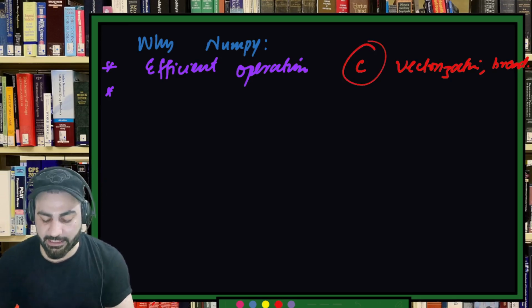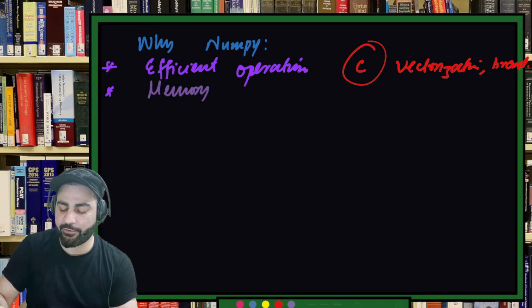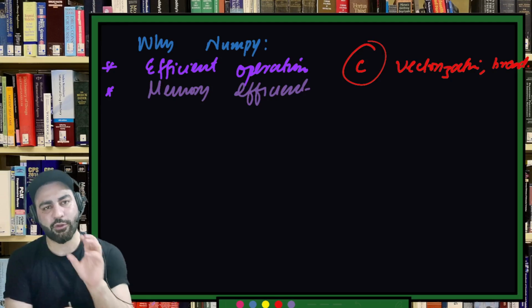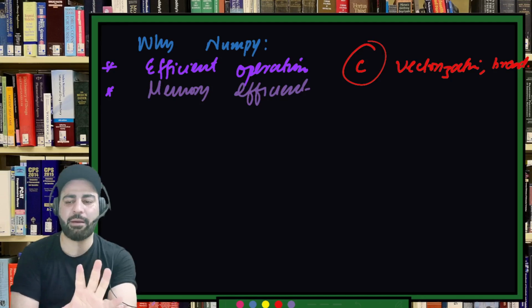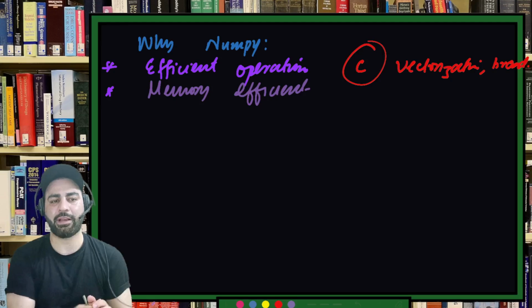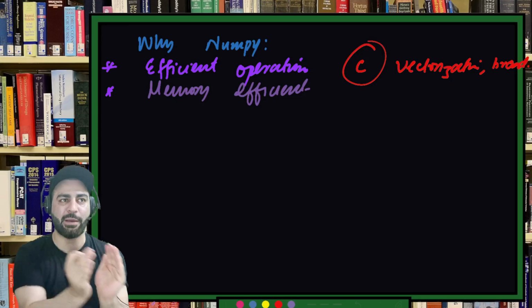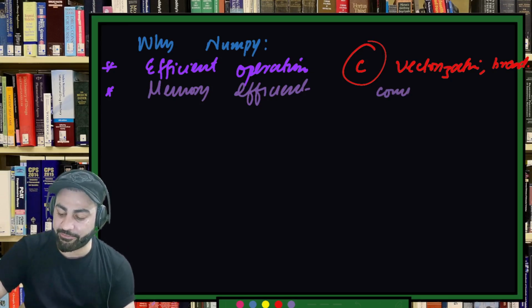We'll see all of these things, but the first primary reason is that the code is written in C. The second thing is that it's also memory efficient. It stores data compactly, so NumPy arrays consume less storage compared to Python lists. It reduces the overhead of allocating different memory, because, as I said, the elements need to be homogeneous, so it allocates memory upfront and has a compact representation.